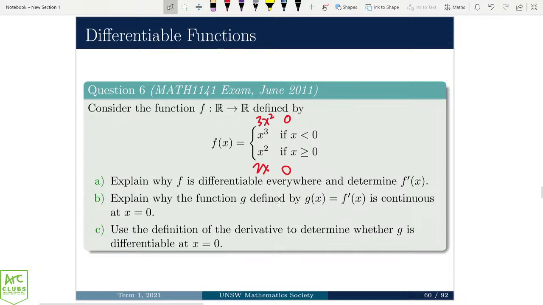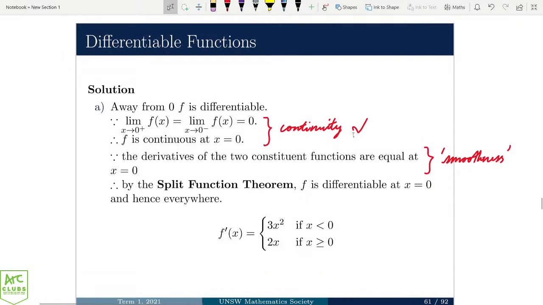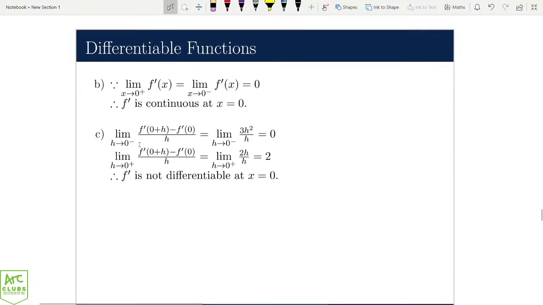But because we've already decided in part B that our function f dash x is in fact continuous at this point, we can skip the continuity part and go straight to the smoothness by applying our definition of a derivative.